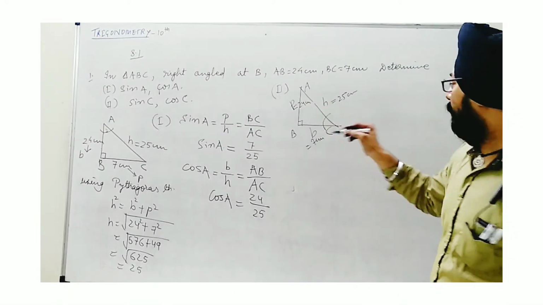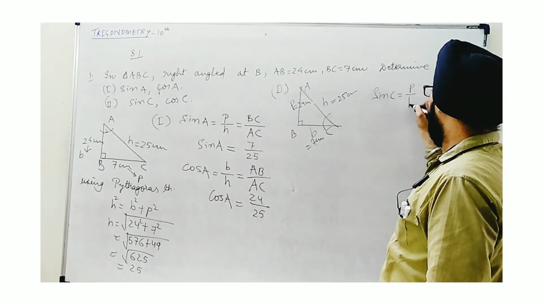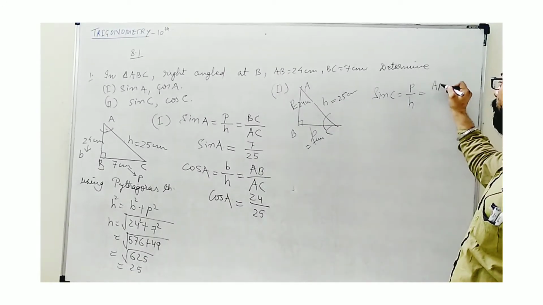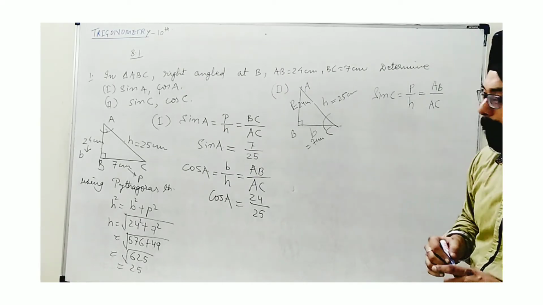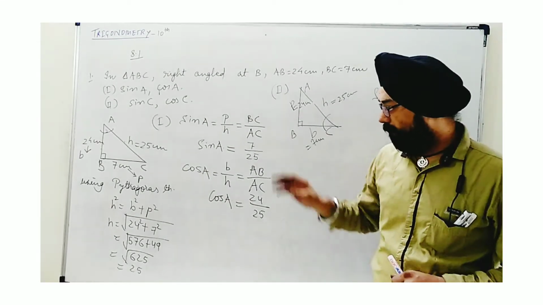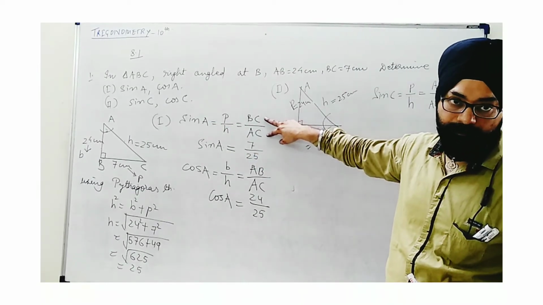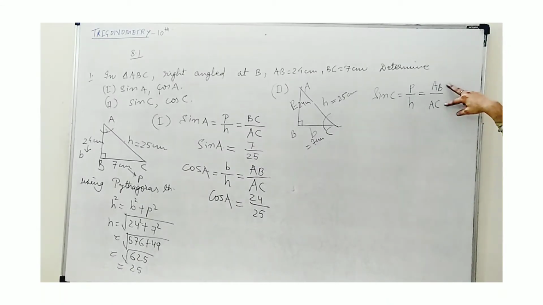Now if I need to find sine C, by definition we write P upon H. P, the perpendicular, means AB in this condition, and H, the hypotenuse, is AC. You can see that for the same triangle, when I found the sine of A it was BC upon AC, but when I change the acute angle to C, it is AB upon AC.